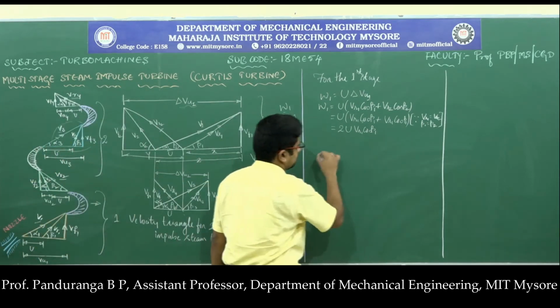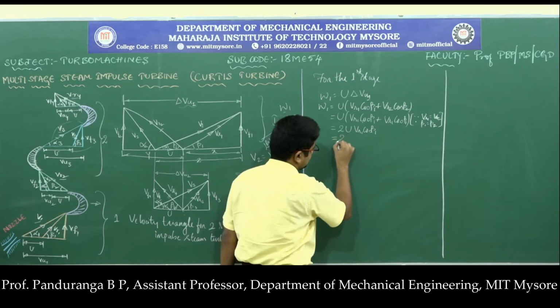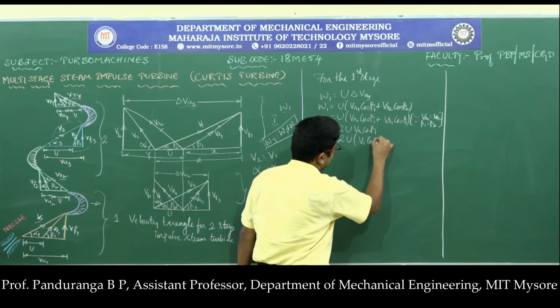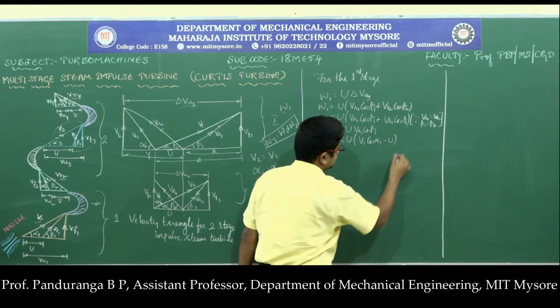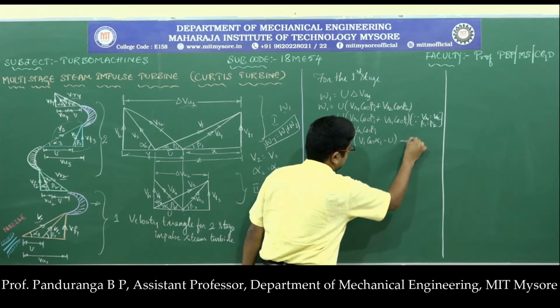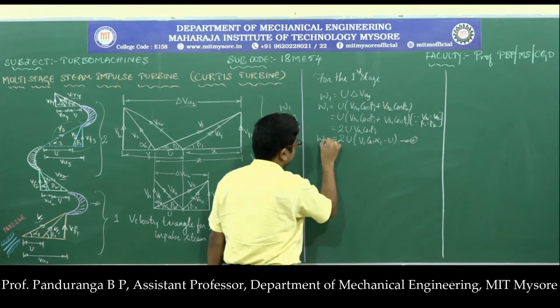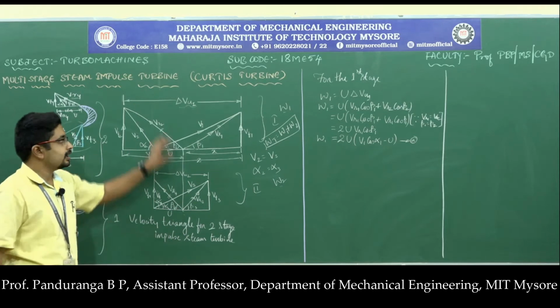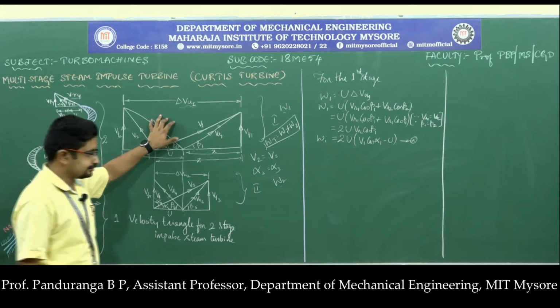So in place of VR1 cos beta 1, I can write W1 as 2 into U into (V1 cos alpha 1 minus U), and I will call this equation A. So this is W1, the work done in the first stage of the Curtis turbine.